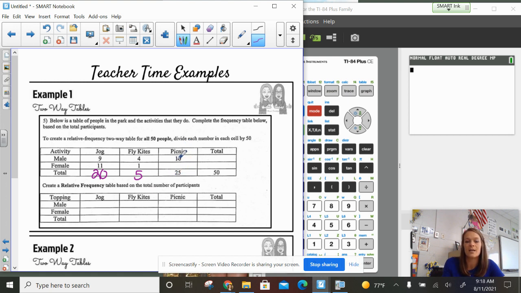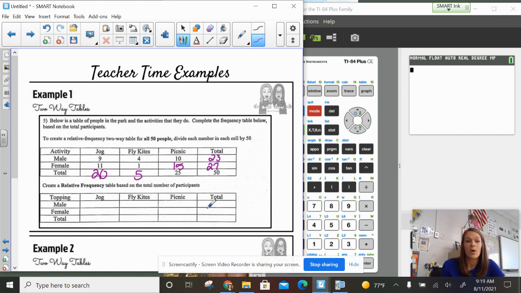I know 10 of them are males, so I'm going to subtract those to figure out my females, and I will get 15. Now across, they had 9, 4, and 10 male participants. I'm going to add those together and get 23. My females, I'm going to add those together and get 27. Those should always total to give you that final total number of 50.